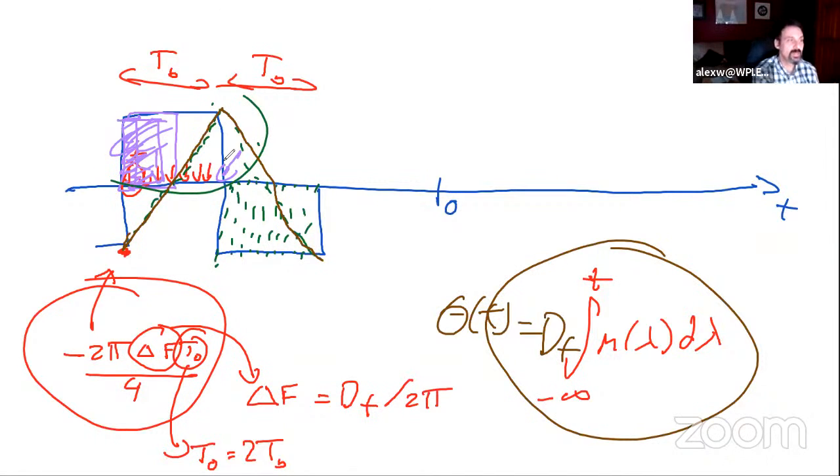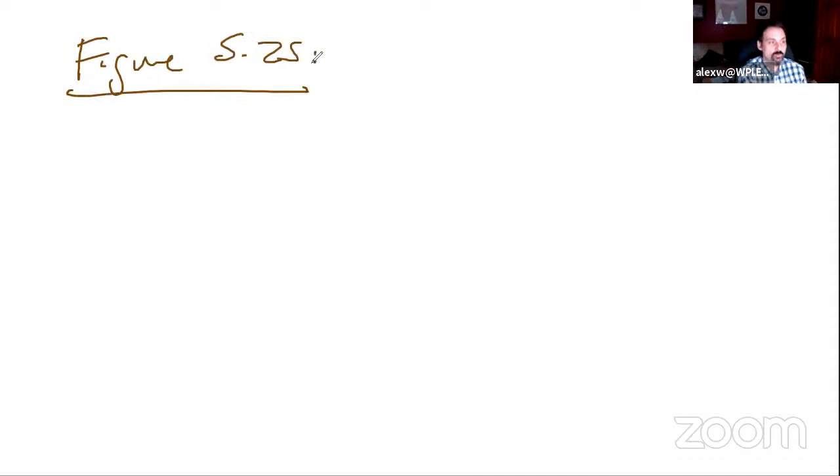So that's what we get here. If we look at the figure from the course textbook, 5-25, what we get is this sort of ramping function, which makes sense.